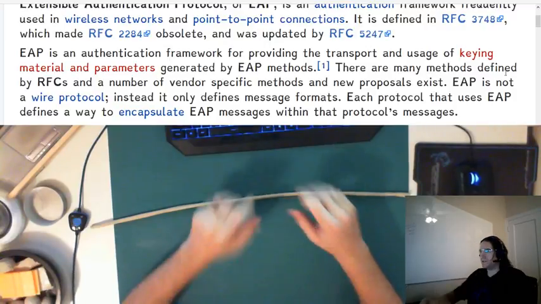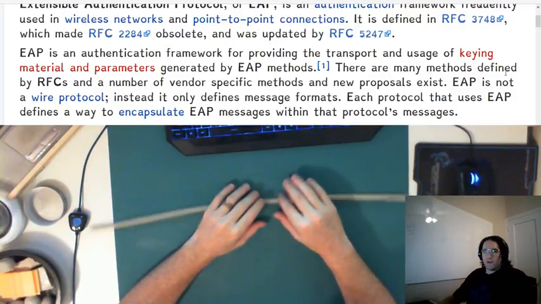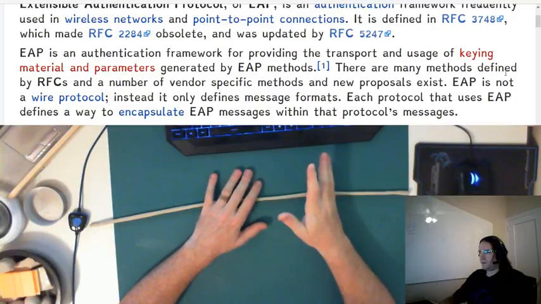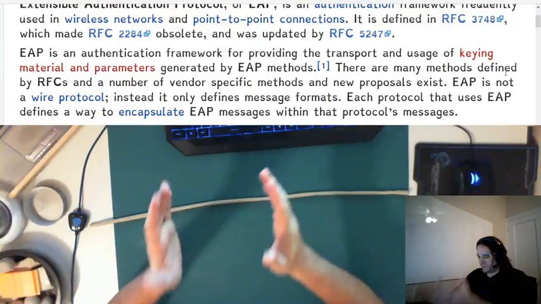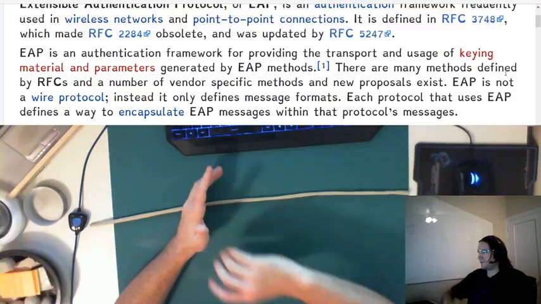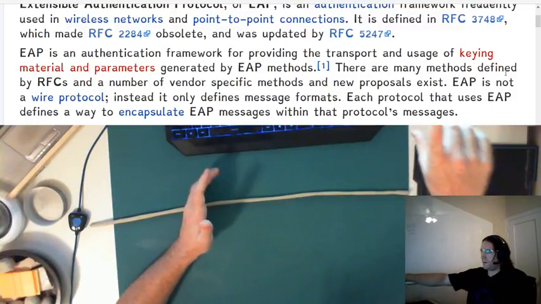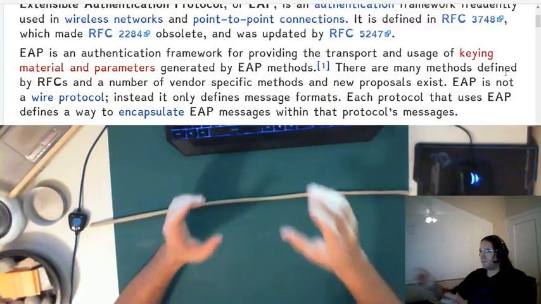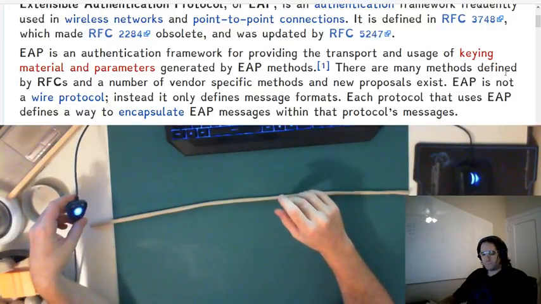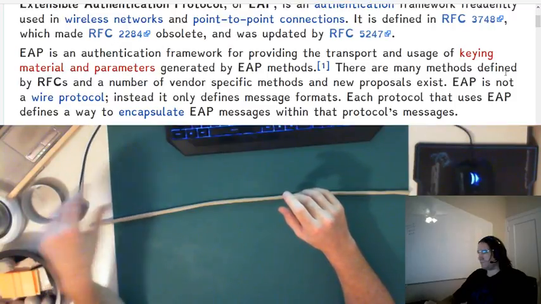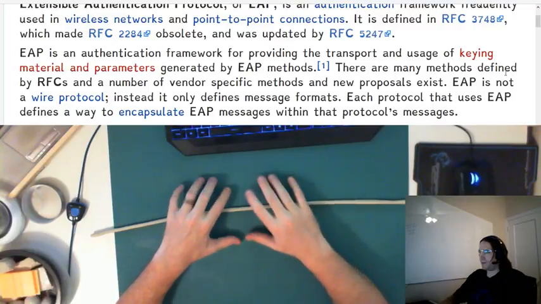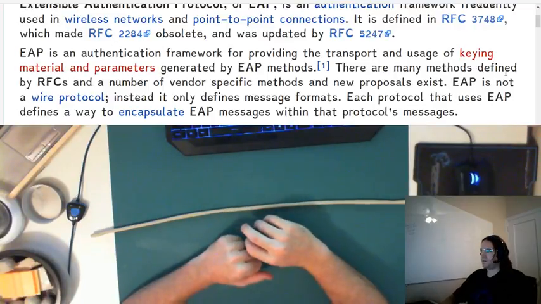Nope, didn't understand that. EAP is an authentication framework. So EAP is the authentication framework for providing a transport, the highway, and usage of keying material and parameters generated by EAP methods. Okay, I understood that now.